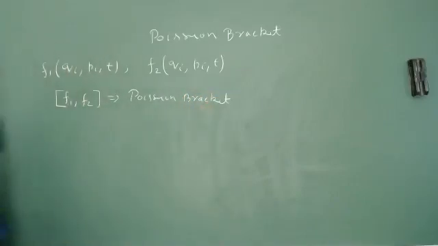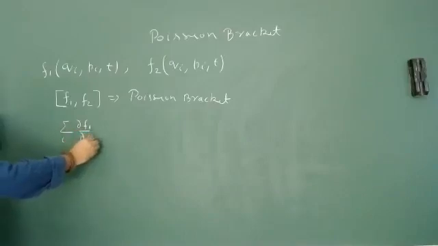What is the meaning of this Poisson bracket? What is the mathematical calculation of this Poisson bracket? This is just a symbol. The mathematical meaning of this Poisson bracket is: we go for summation over i of del f1 upon del qi.